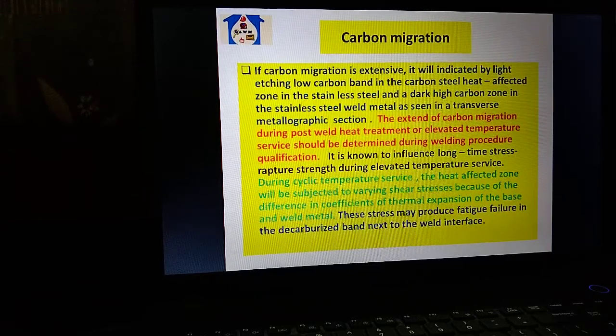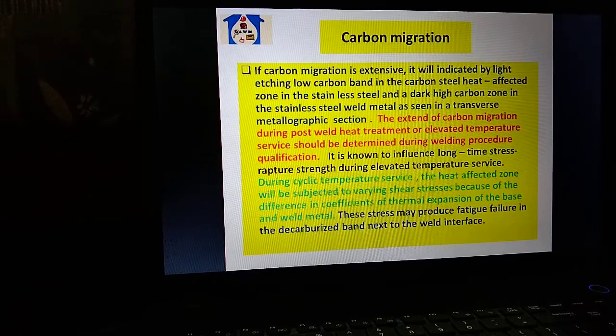If carbon migration is extensive, it will be indicated by a light etching, low carbon band in the carbon steel heat affected zone, and a dark high carbon zone in the stainless steel weld metal, as seen in a transverse metallography section.